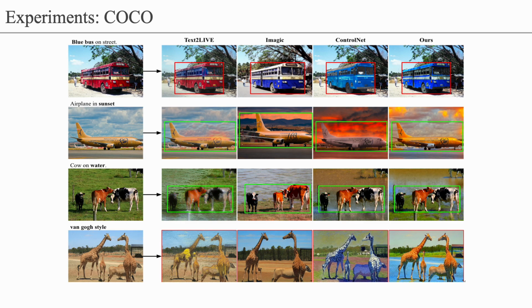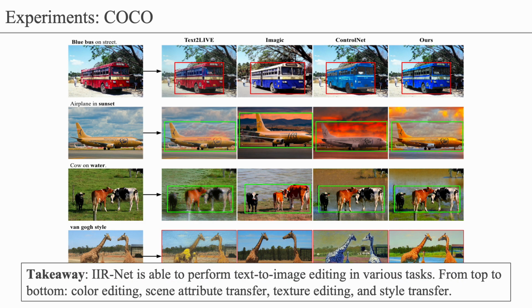In this slide, we present qualitative results of various image editing tasks. Here, we perform 4 tasks: color editing, scene attribute transfer, texture editing, and style transfer.